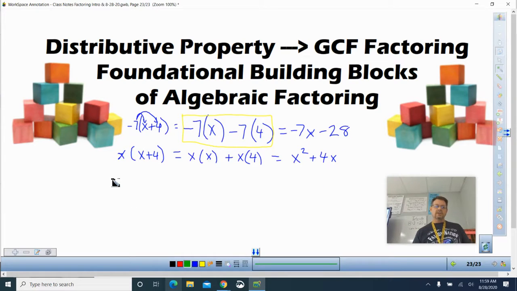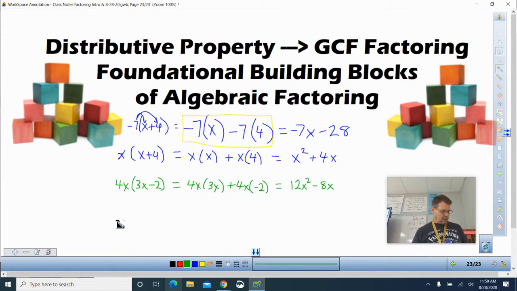So now I'm going to change to green. So we've got 4x times 3x minus 2. That means everything on the outside times everything on the inside, and we're just going to take it systematically, one thing at a time. So that's going to give me 12x squared minus 8x.